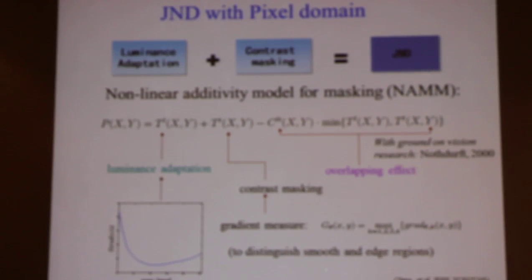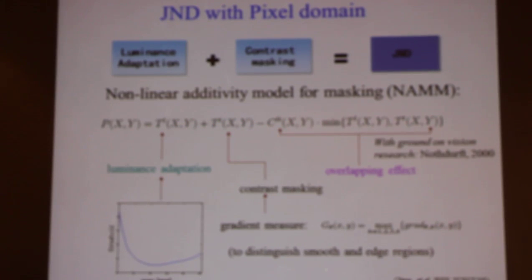Okay, then JND for the pixel domain. We can do the luminance adaptation and contrast masking, and you get the JND. In the formulas in the literature, for the pixel domain they actually use addition.